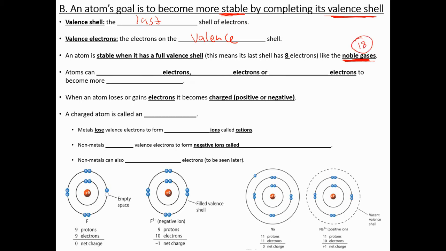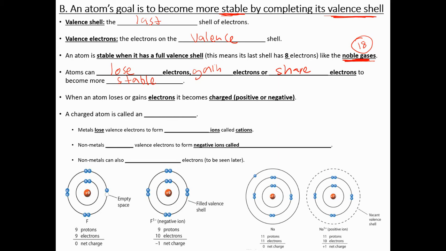Now, there's several ways that atoms can achieve stability, can have a full valence shell. They can do that by losing electrons, they can gain electrons, and they can also share electrons to become more stable. And so it really depends on what type of element you're dealing with, what class, when it comes to determining if you're going to lose, gain, or share.